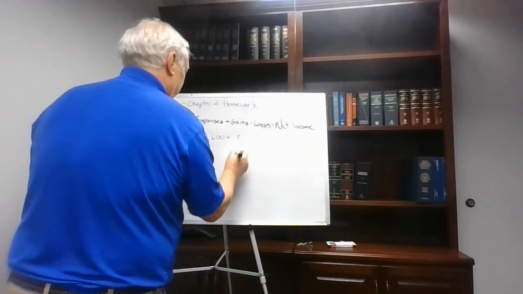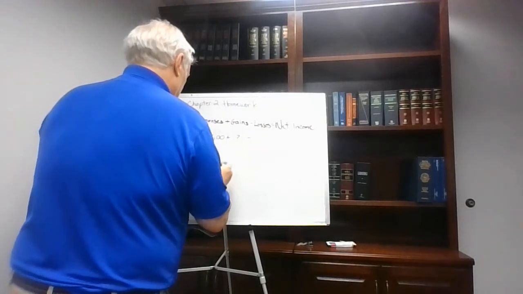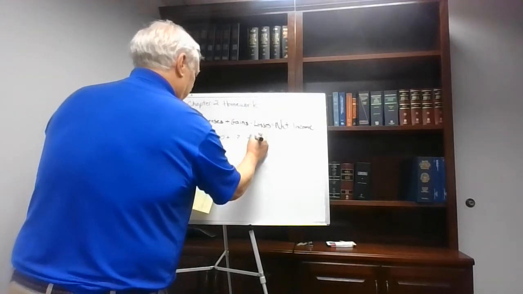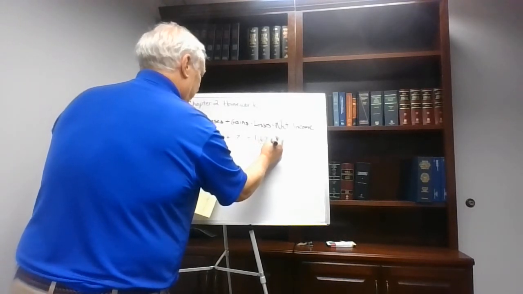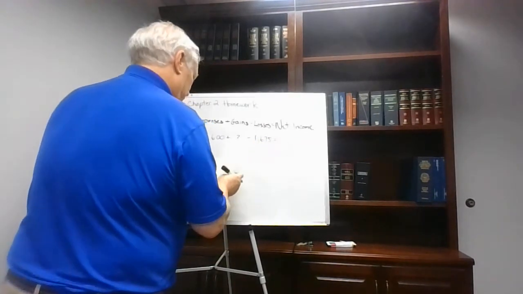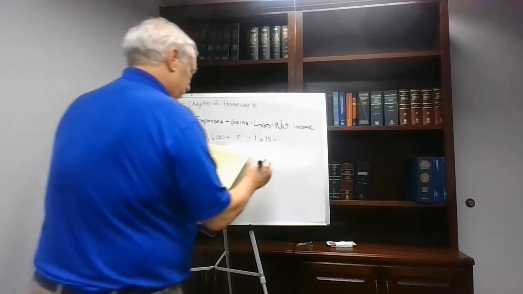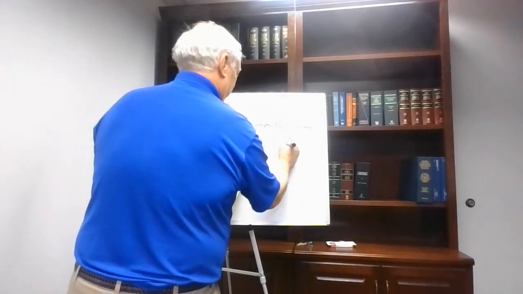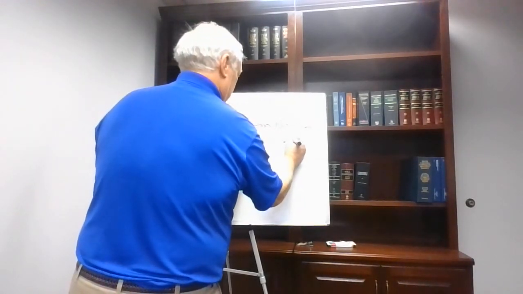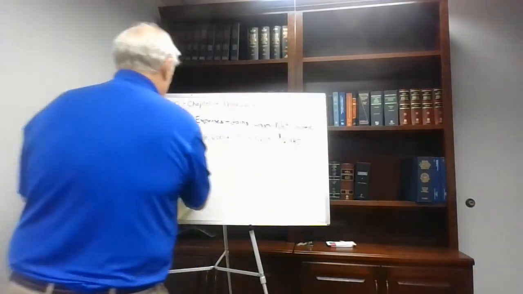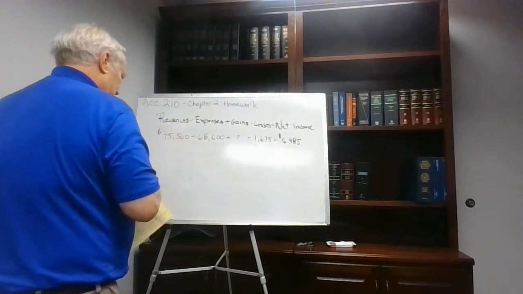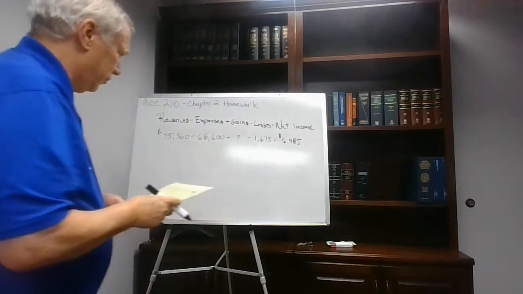So gains is the variable that we're looking for to try to solve, minus 1675, and that equals net income of 6,485. Okay, I've got our question mark, or our dollar signs rather.